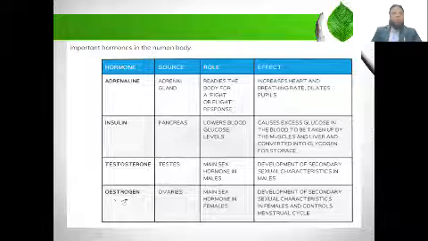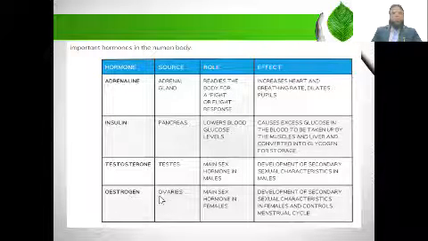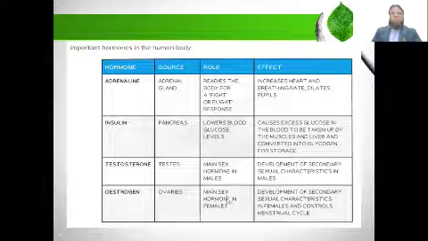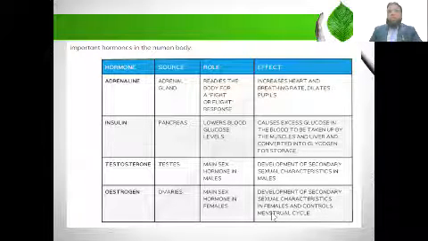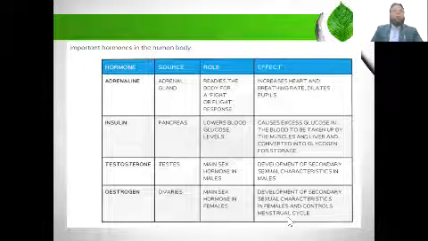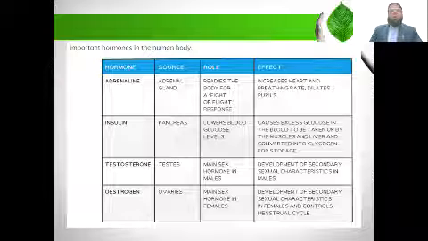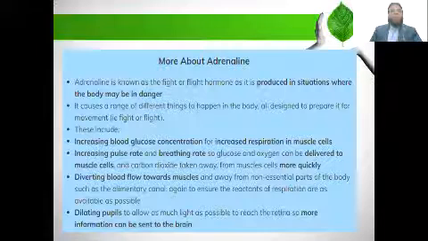Now another hormone is estrogen, which is released from the ovaries. This is the main sex hormone in females. And what is its role? Development of the secondary sexual characteristics in females and control of the menstrual cycle. So these are the different glands and their hormones and their roles.